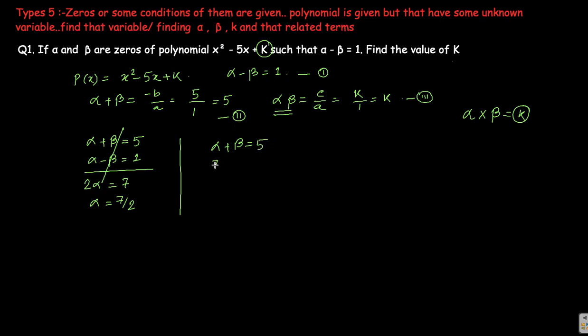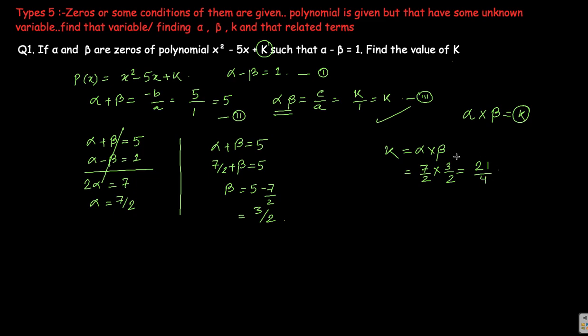Putting alpha as 7 by 2 in equation 2, beta becomes 5 minus 7 by 2, that is 3 by 2. Then k is alpha into beta, 7 by 2 into 3 by 2, which gives 21 by 4.